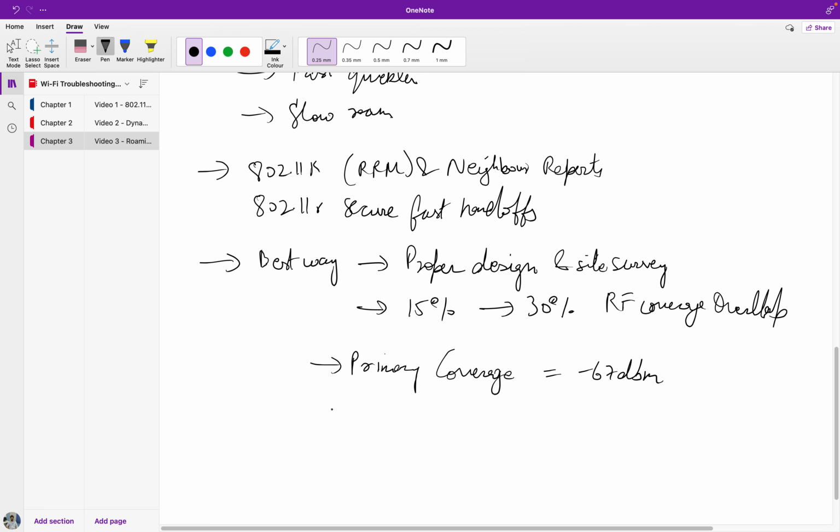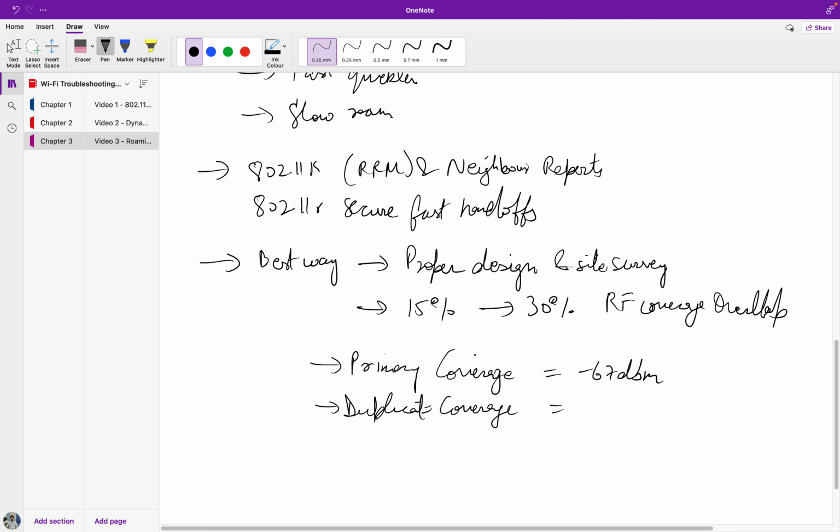Now there has to be a duplicate coverage also, which means the client can have a duplicate coverage of minus 67 dBm from a different AP, so that in case my AP fails, I can rely on another coverage to service the client also. So that's something I need to take into consideration: duplicate coverage.